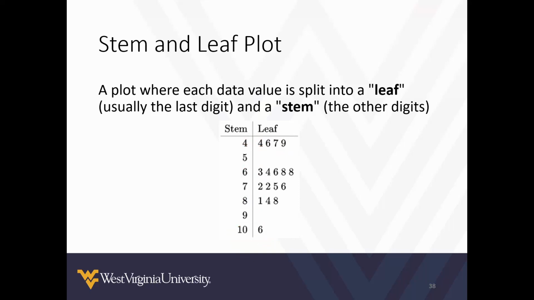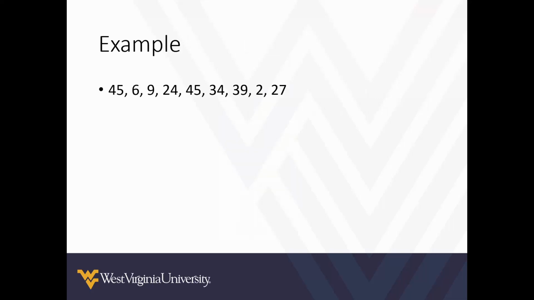Notice that there are no numbers under the 5 and the 9. That means there was no data in the 50s and 90s. We can't skip those spaces. We do have to include them, but we just leave the leaves empty. The stems still exist. Let's take a look at a quick example.